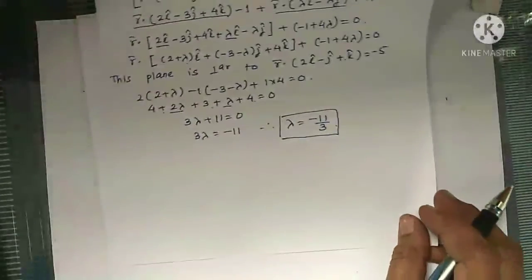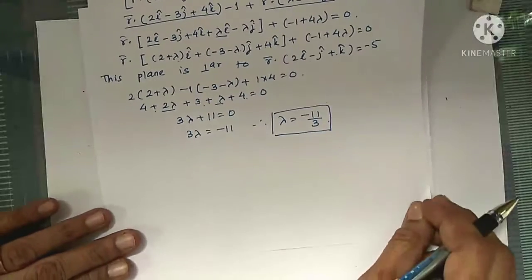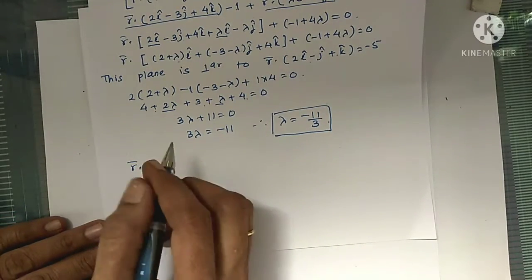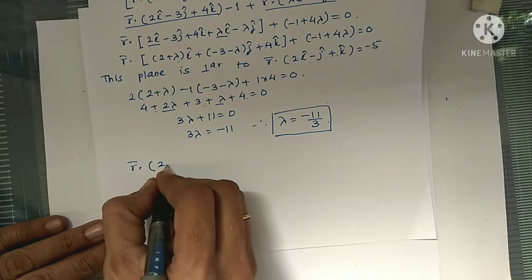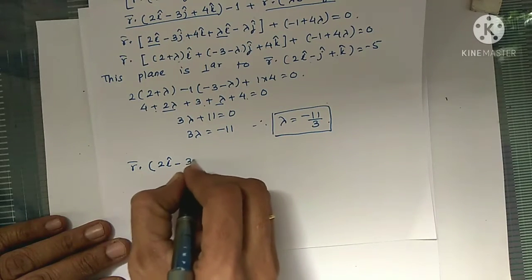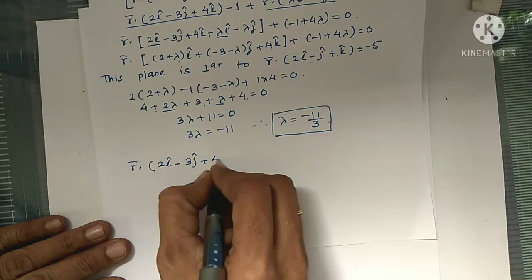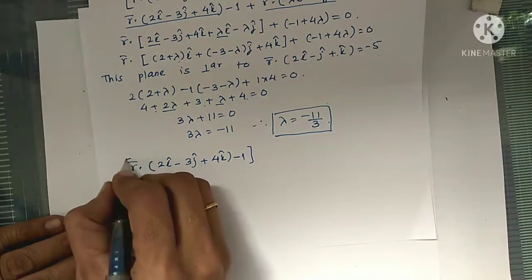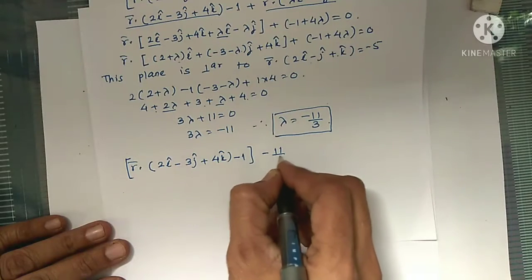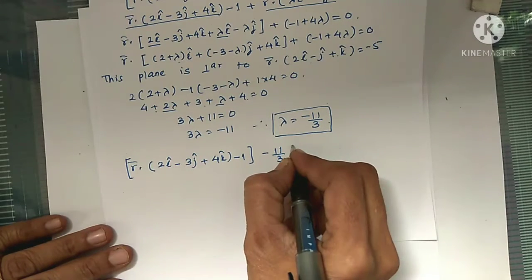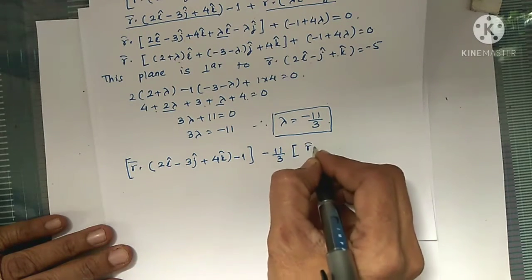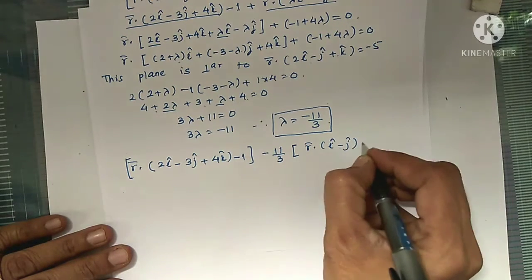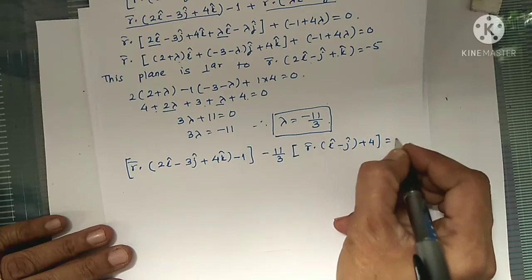So the equation of the required plane becomes r bar dot (2 i cap minus 3 j cap plus 4 k cap) minus (1 plus lambda, which is minus 11 by 3) into (r bar dot (i cap minus j cap) plus 4) equal to 0.